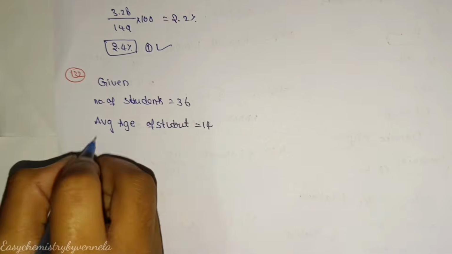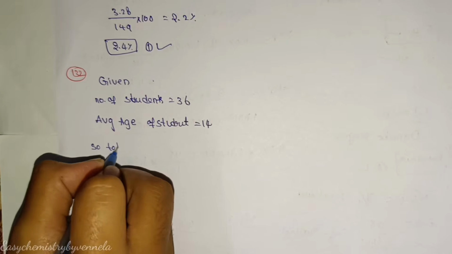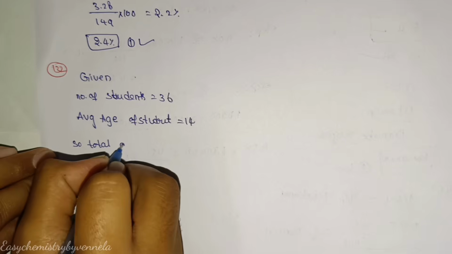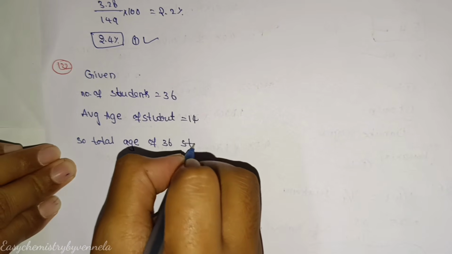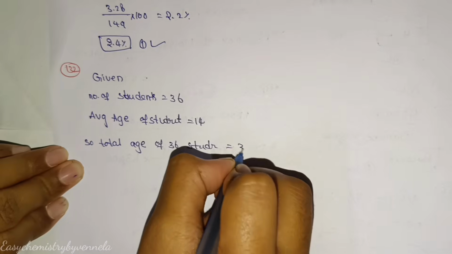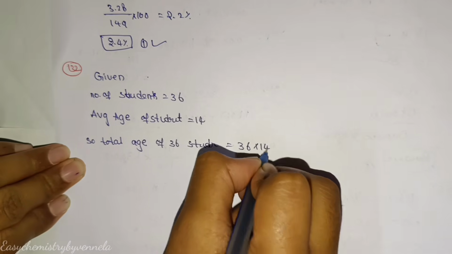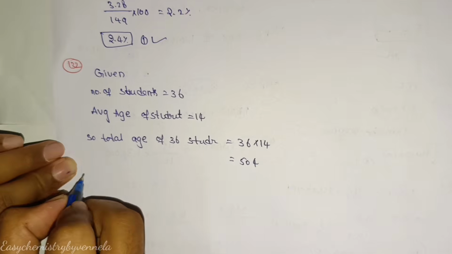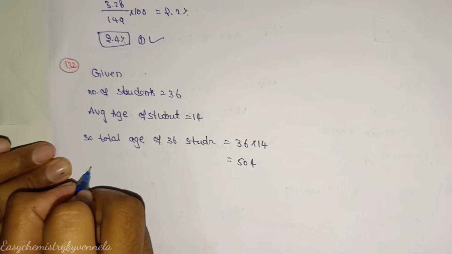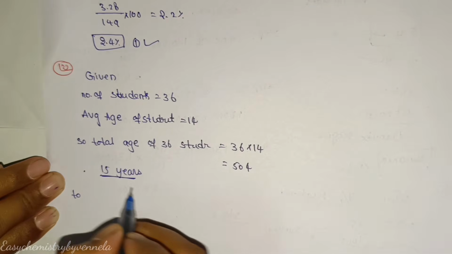So the total age of 36 students is equal to 36 into 14. How much? 504. When the teacher is included, there are 37 people. So the average becomes 15 years.